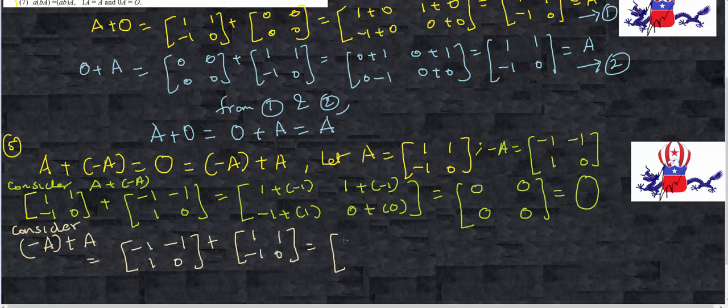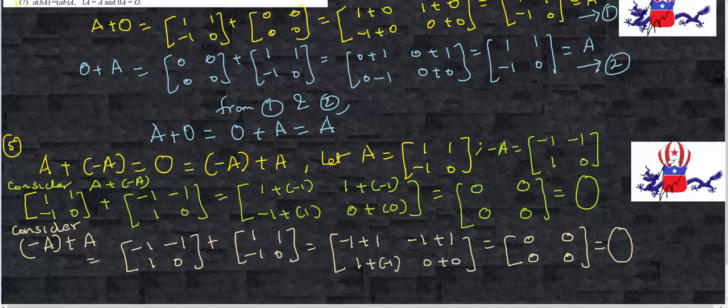Rewriting it, we have negative 1 added with 1, negative 1 added with 1, 1 added with negative 1, and 0 added with 0. So negative 1 added with 1 would give me 0, followed by another 0, a 0 and a 0, which is the null matrix 0.